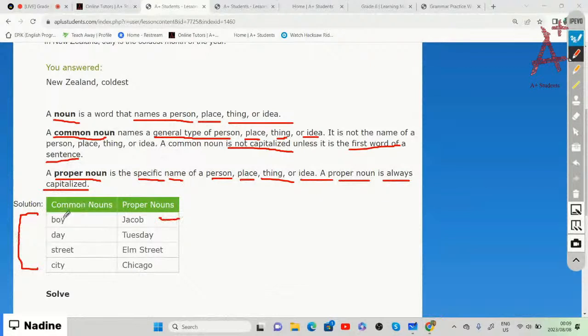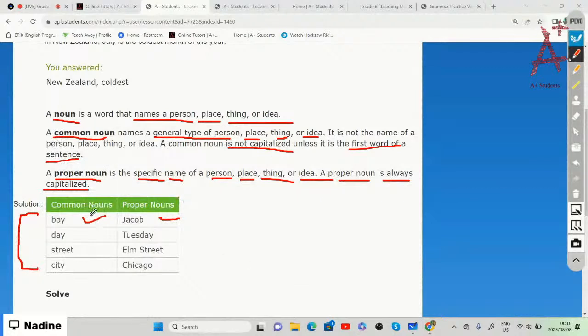So Jacob is not just any boy that we are talking about. Because if we just say the common noun, the boy, then it can be any of the boys that is either standing there or that is in the room or that is running out or playing over there. But we are specifically making mention of Jacob.